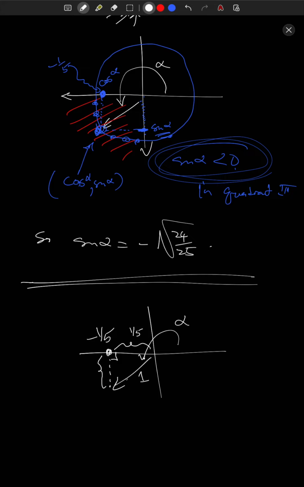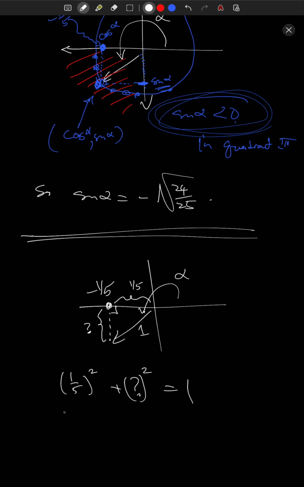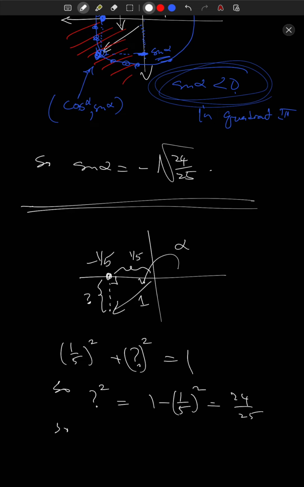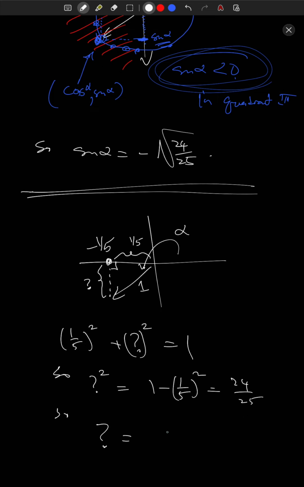Let me call it question mark: 1/5 squared plus question mark squared is equal to 1. So question mark squared is 1 minus 1/5 squared, which is 24 over 25, and so question mark equals plus or minus square root of 24 over 25.